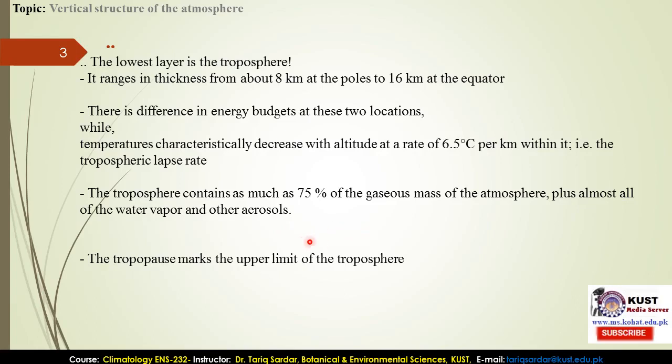It is also the zone in which most weather systems develop. That's why it is very important, as I have mentioned before. The troposphere is very important because it is the first layer, and it is the point of concern because weather systems develop here at Earth level and run their course along the cycle of the seasons.